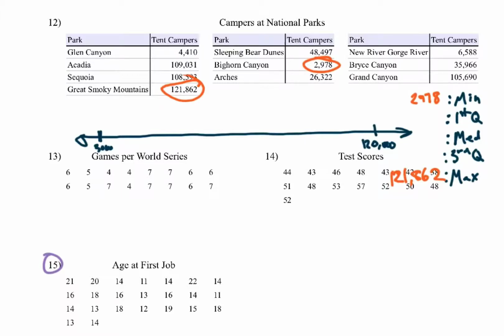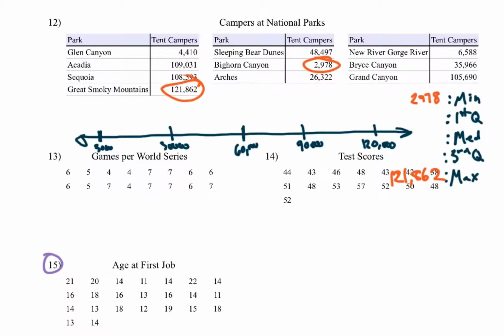Okay, so we're going to kind of estimate on these bigger ones just because that's a lot to have to do. So if we were to cut that in half roughly, it'd be about 60,000, wouldn't it? Okay, so that would be about 90,000. This would be about 30,000.